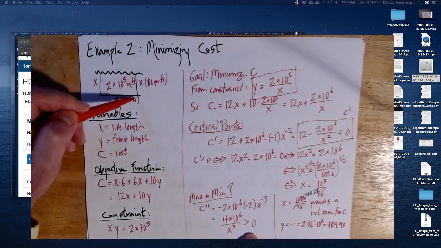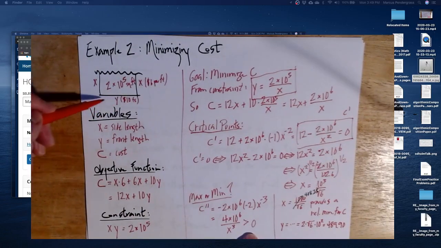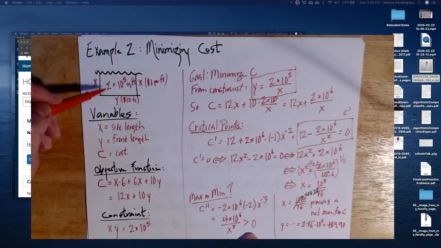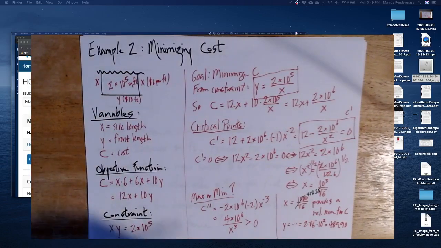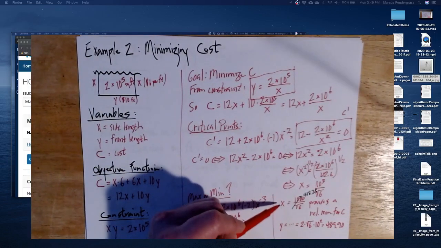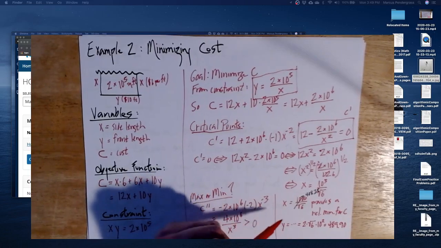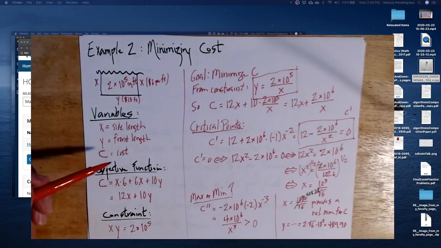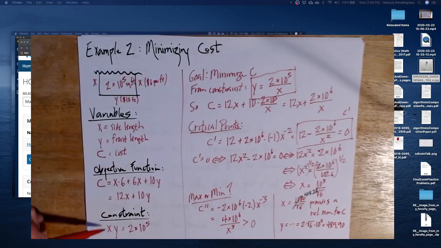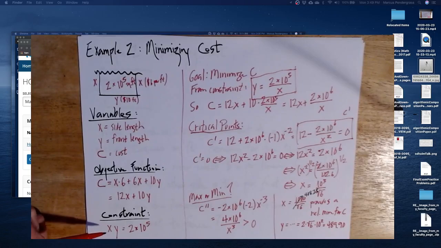So you need almost 490 feet on the front and a little bit more than 408 feet on each side. And if you go ahead and multiply X times Y together here, you will find that X times Y is 200,000. So our constraint would be satisfied here.